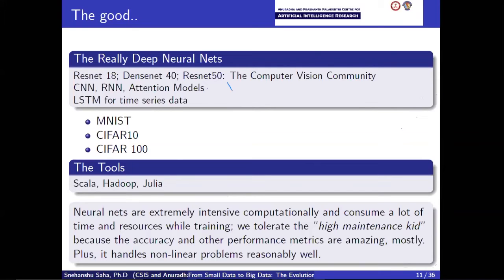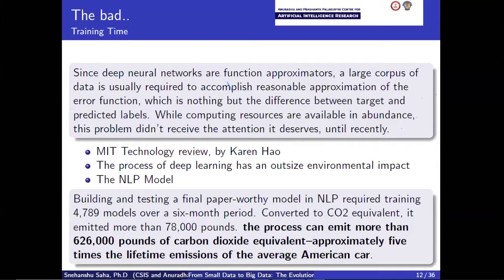Plus, there are lots of nonlinear problems which are difficult to analyze, and these deep learning architectures and methods solve them quite well. But that's not the end of the world. There are a lot of other things which they actually don't do quite well. So this is the good stuff. Here comes the bad stuff.